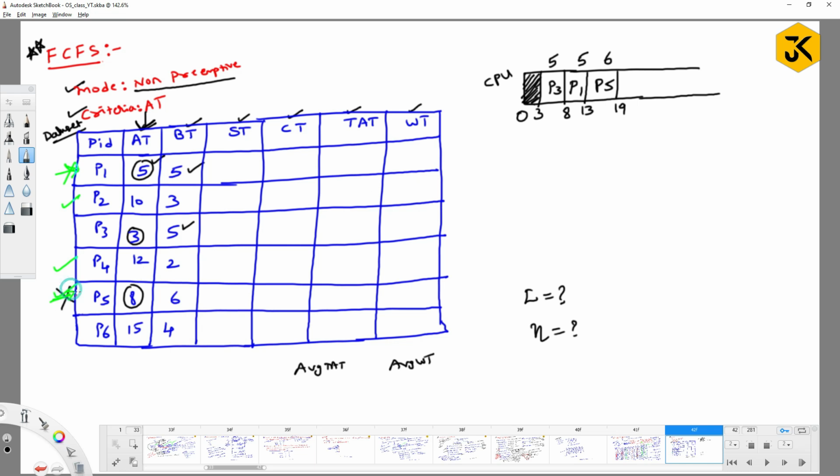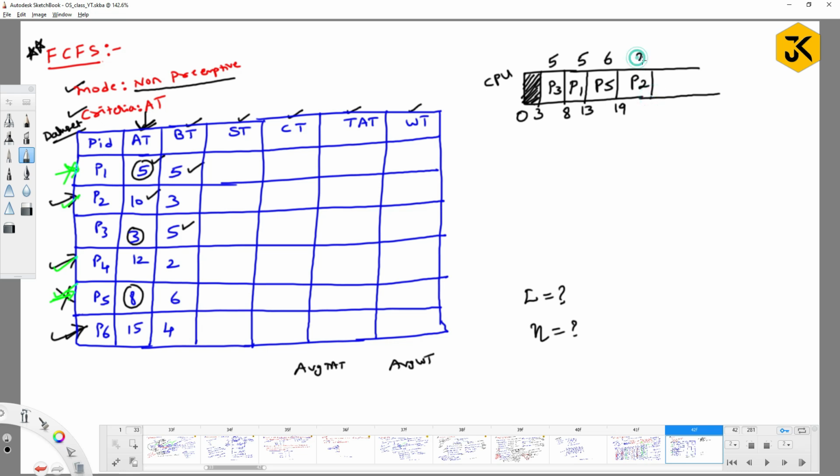Once 19 nanoseconds are done, in the middle you will get P6 also, right? Which means that now P2, P4 and P6 are ready to execute, and the remaining are all done. Out of these 3 processes, which will get served first? P2 will get served because it arrived at 10 nanoseconds.